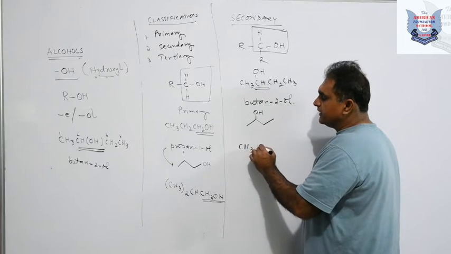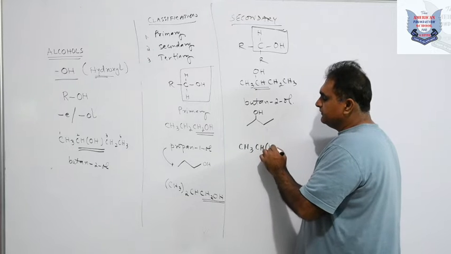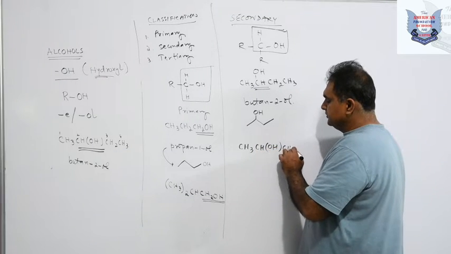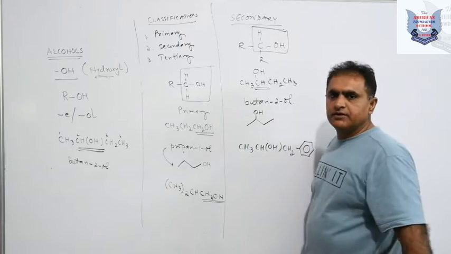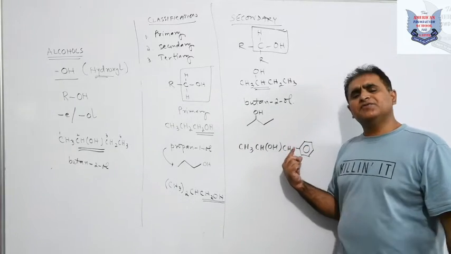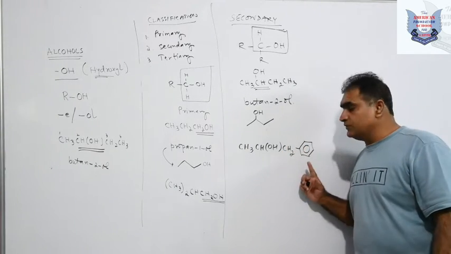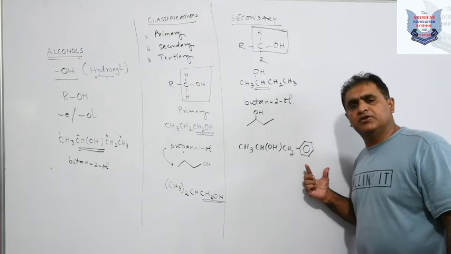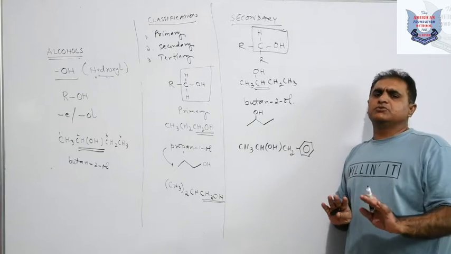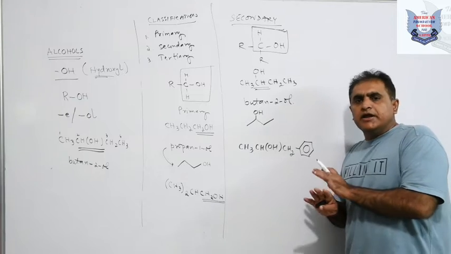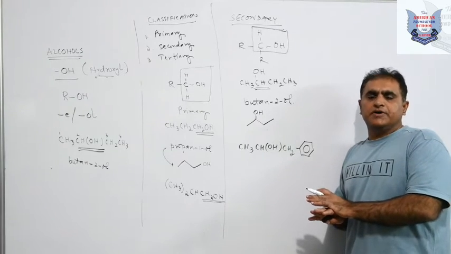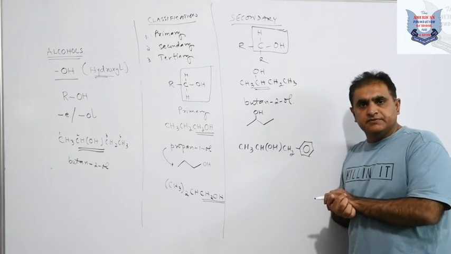Another example of secondary alcohol, we have CH3, CHOH, CH2, and CH2 is connected to a benzene ring. Now, in the case of AS, as we know, this is known as a benzene ring or phenyl group, and you just need to know about the phenyl or benzene. There is no need to learn any reaction regarding phenyl or benzene because it's not a part of the AS syllabus.